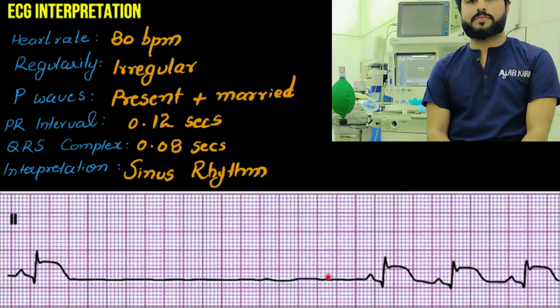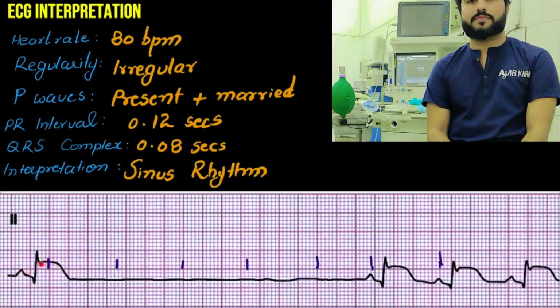Now let's check whether it is a sinoatrial block or a sinoatrial arrest. It's one of these. Now if you see, the P to P interval starts from here to here, another P to P interval, another P to P interval, one other P to P interval, another beat has been missed, and then the P wave should have been over here, but the P wave is appearing over here.